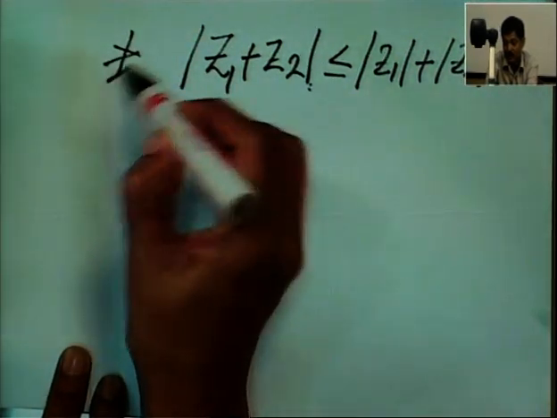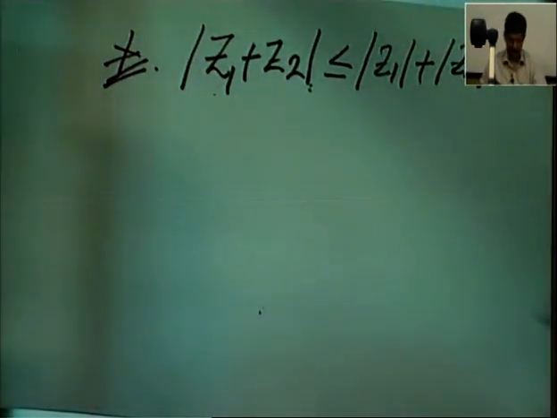This is a very important property. Geometrically, if you observe this property, its proof is trivial. Why is it trivial? Because all of you know, in a triangle the sum of two sides is always greater than the third, and that is why it is referred to as the triangle inequality.